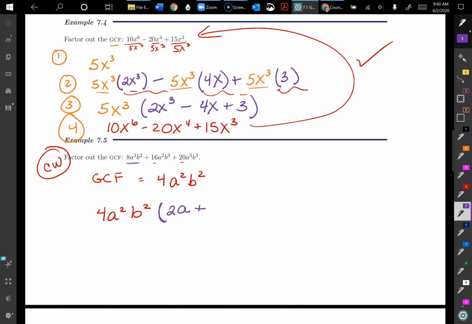Then what would I need to multiply by to get 16a squared b cubed? That would be 4b. Would give me this back. And then carry down my plus. And then the next one, 4 times, I would have a 5. And then a squared times a to get the a cubed, and b squared times b to get the b cubed. And then make sure you close your parentheses. And that is your answer.